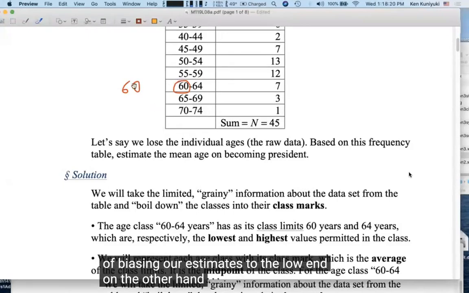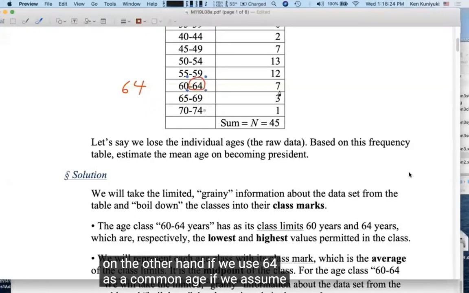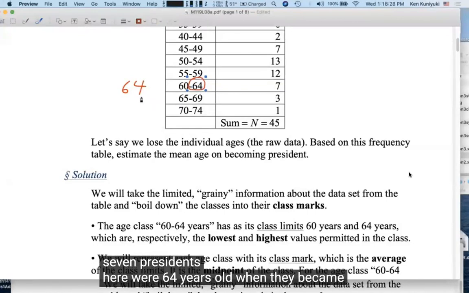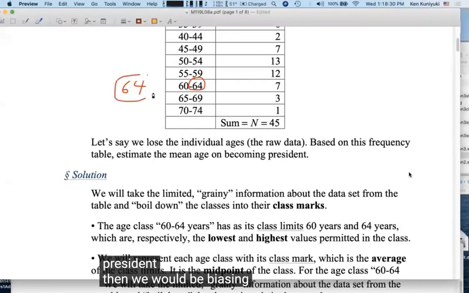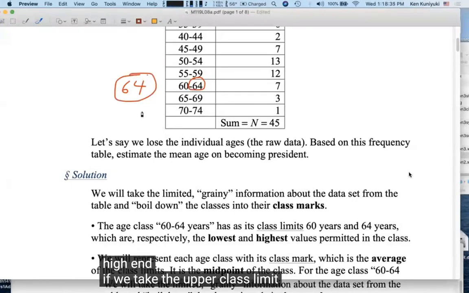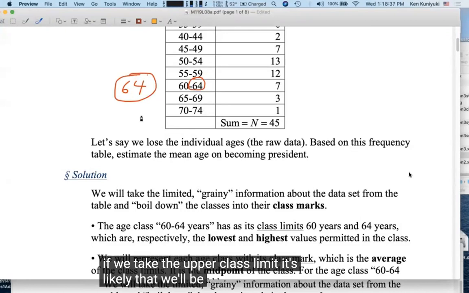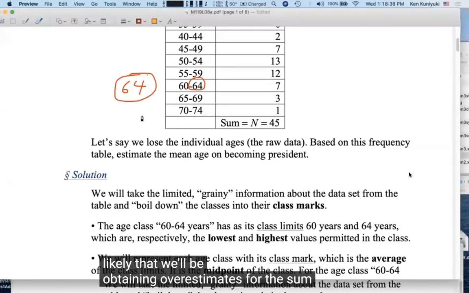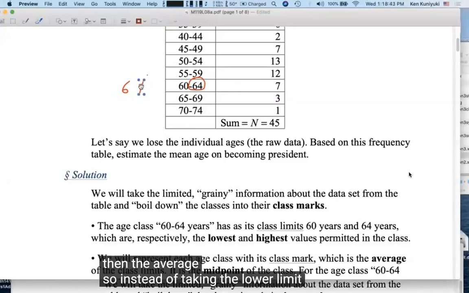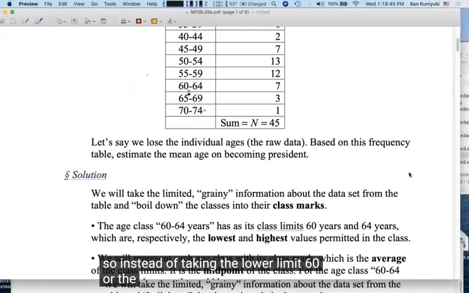On the other hand, if we use 64 as a common age, if we assume that all 7 presidents were 64 years old when they became president, then we would be biasing the data on the high end. If we take the upper class limit, it's likely that we'll be obtaining overestimates for the sum and then the average. So instead of taking the lower limit, 60, or the upper limit, 64, what might be more reasonable?